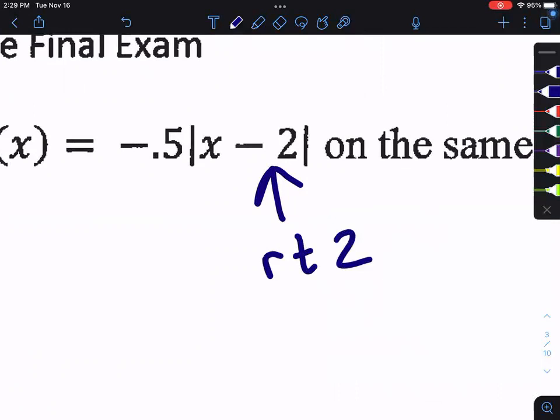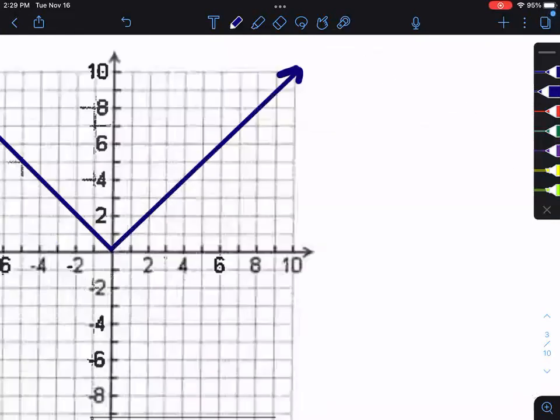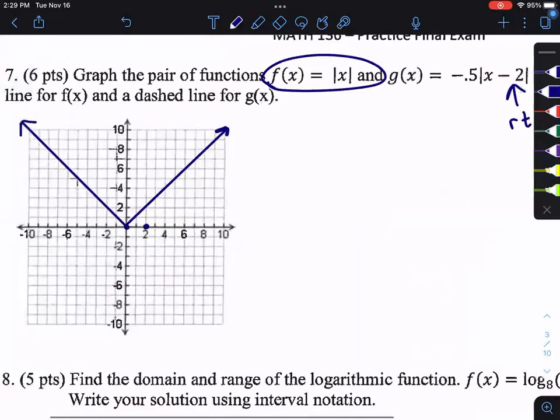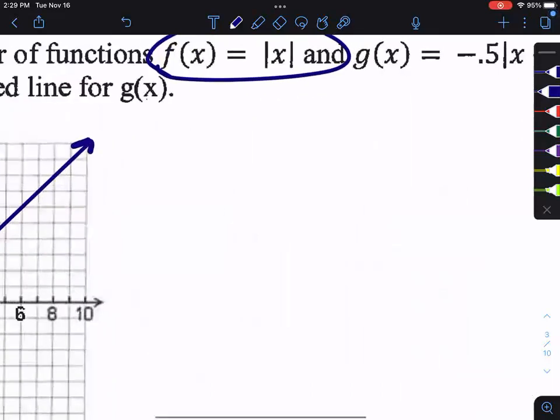There's no up or down shifts. So I know this point right here is going to be moved right here. The negative out front tells me it's going to reflect over the x-axis. So I just need to take some points and plug them in to find their y values.